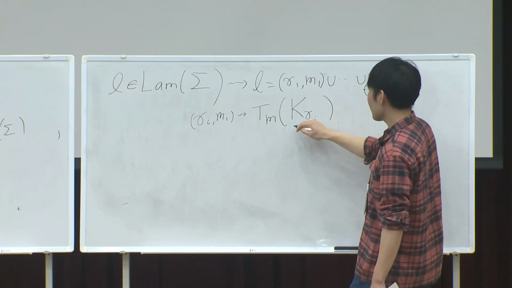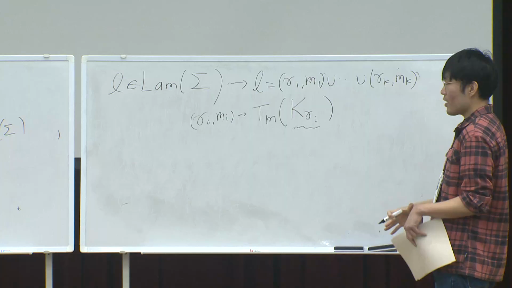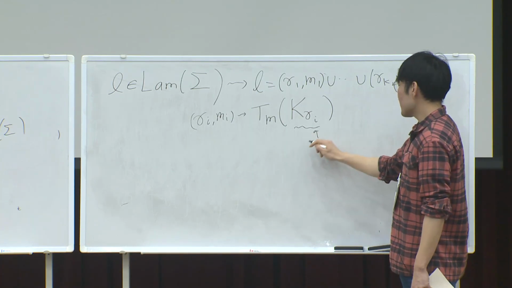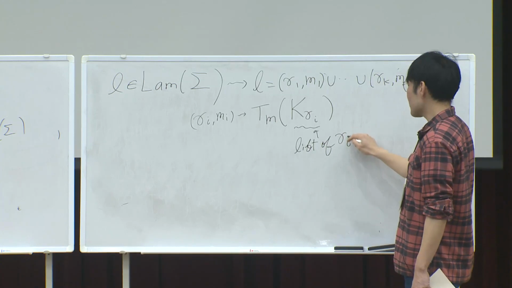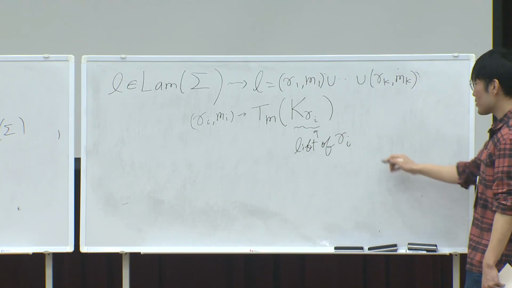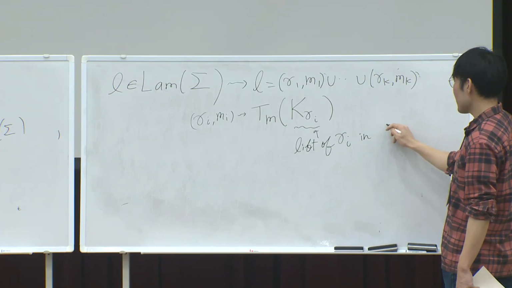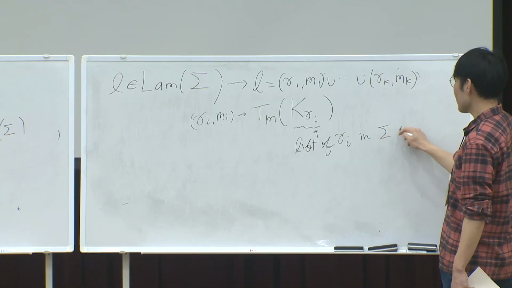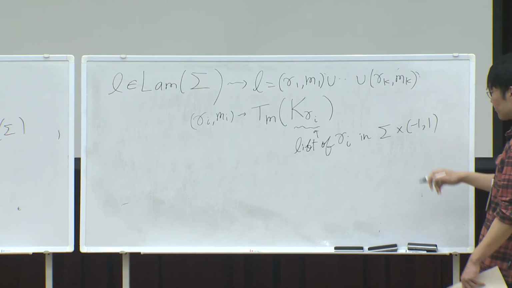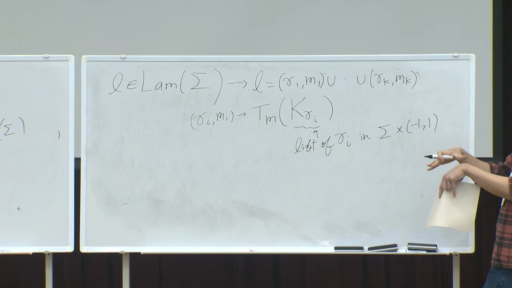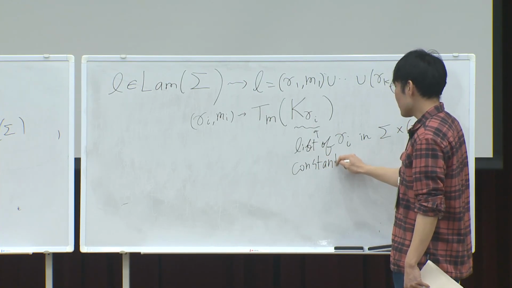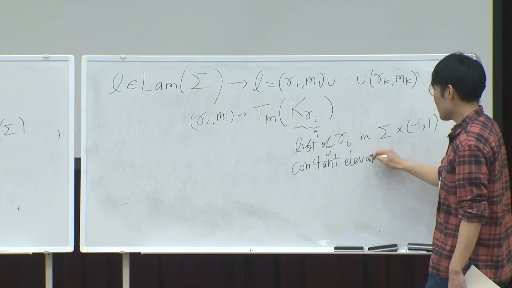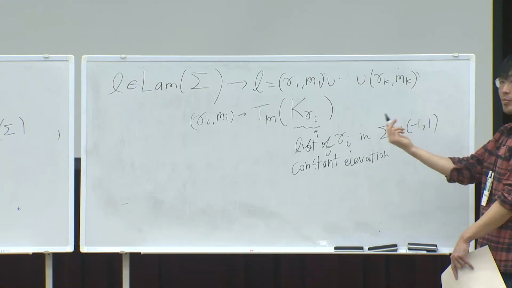k gamma I, where k gamma I is just gamma I lifted, a loop in the surface, but you have to lift it to a link living in the thickened surface, and you just lift it at constant elevation with the constant upward vertical framing.